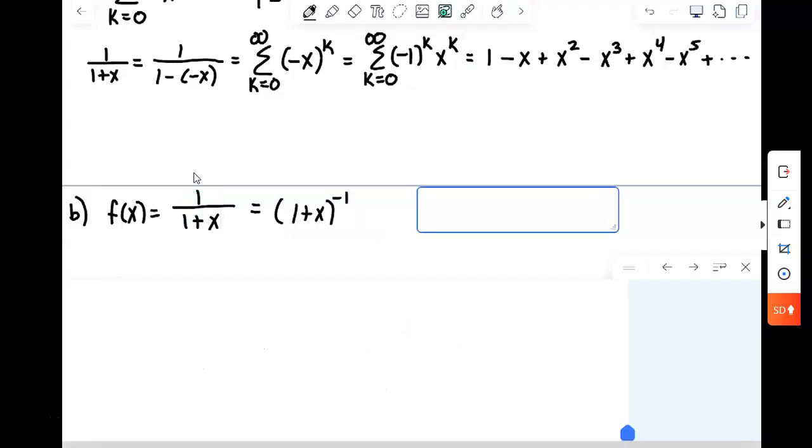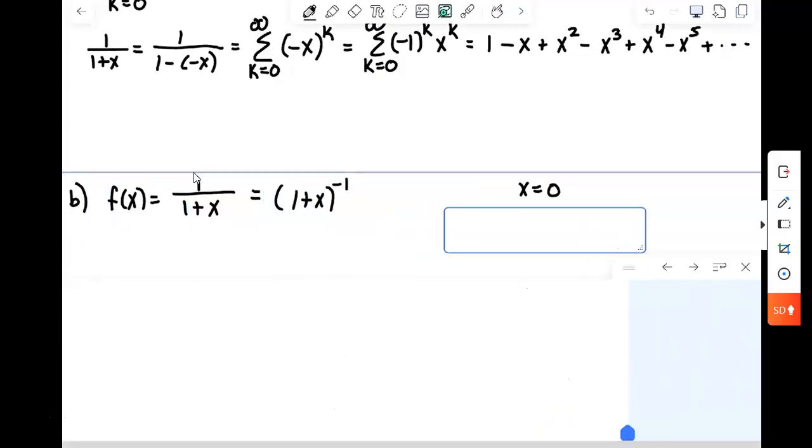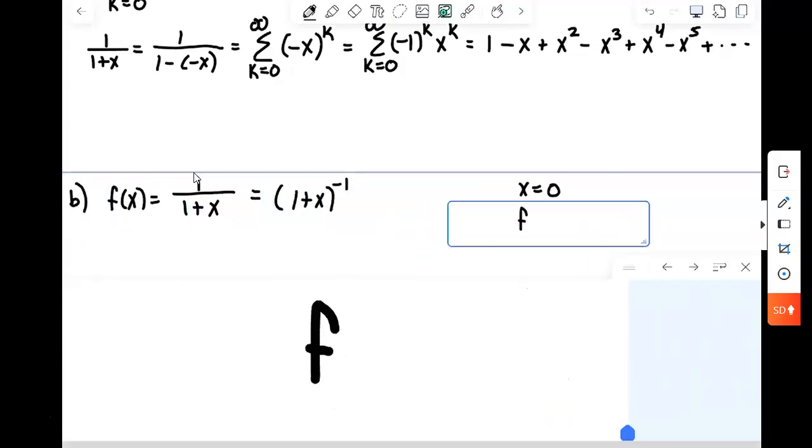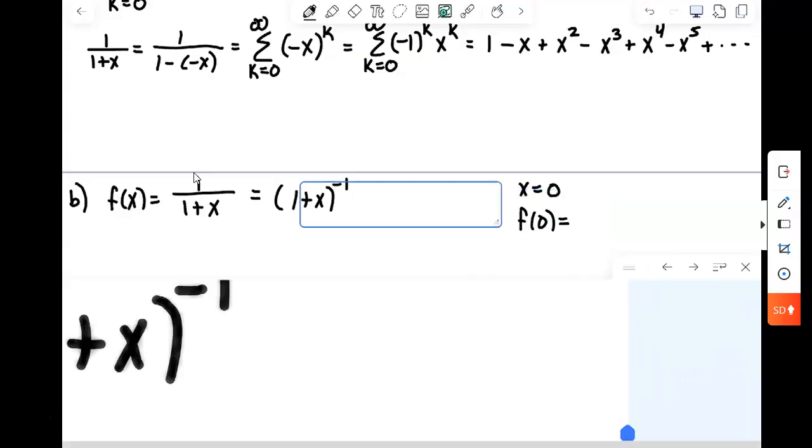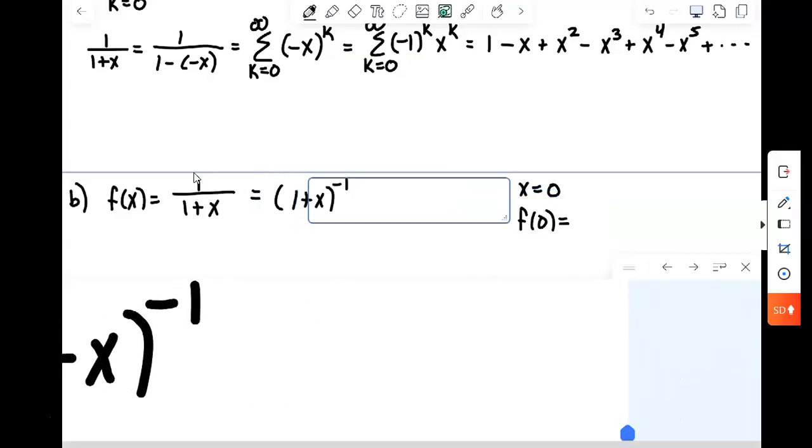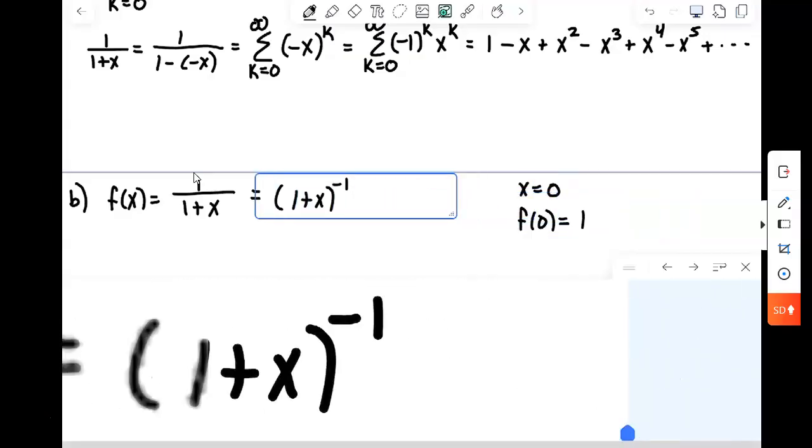Then we're going to put over here the values when we evaluate these things at x equals 0. So for f of x, f of 0 would just be 1 plus 0 to the minus 1, just be 1.